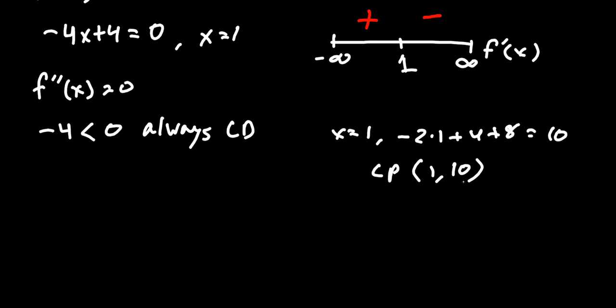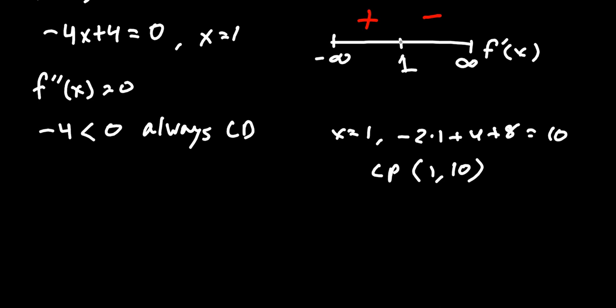And we have to find whether this is a minimum or a maximum. We looked at our intervals of increasing and decreasing, and it goes from positive to negative. So this is in fact a maximum.